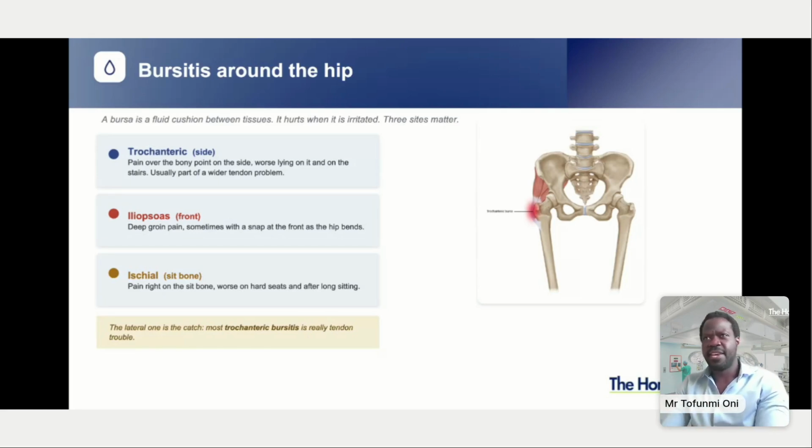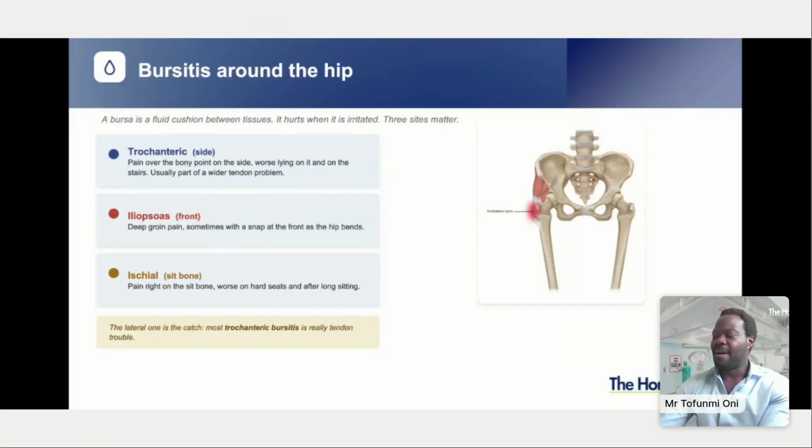So, for instance, on the side of the hip, there's a bursa over that bone, which is called the trochanter. Even coming away from the hip completely, the elbow has a bursa. Your heel bone has a bursa. Anywhere where you might see lumpy bits, you have extra layers of tissue and fluid that cushion things.